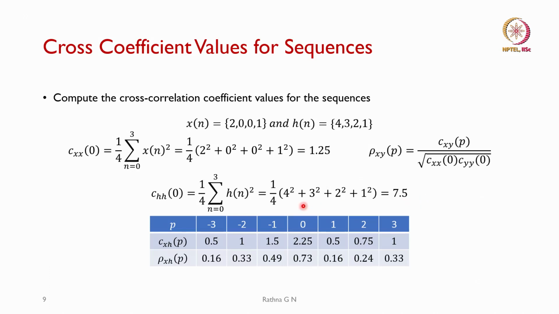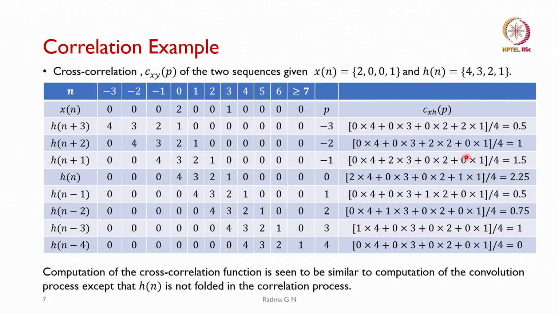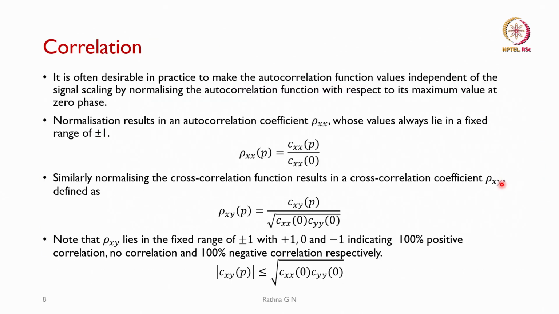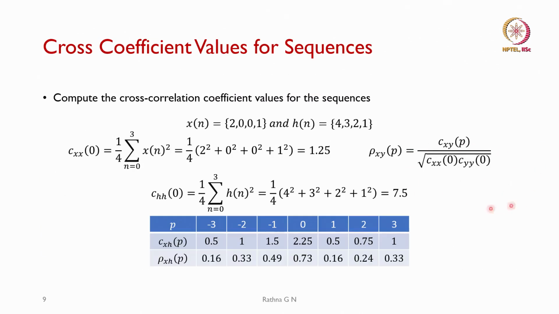Now, we have computed the cross correlation Cxh of p in the previous table. As you can see, the values are 0.5, 1, 1.5. So, how can we normalize this using this equation? What is the first value? We have 0.5 divided by the square root of 1.25 into 7.5, which will give us the value 0.16.